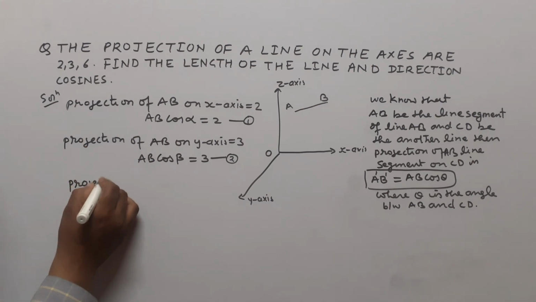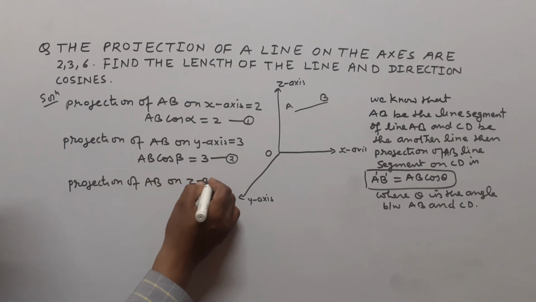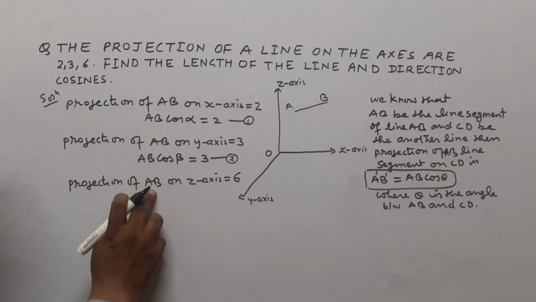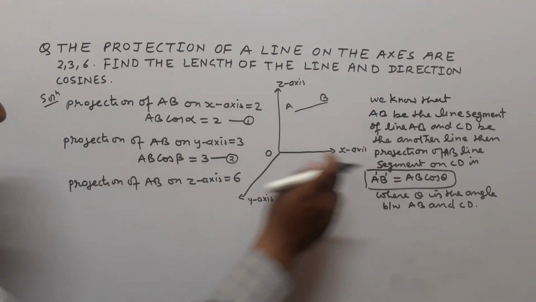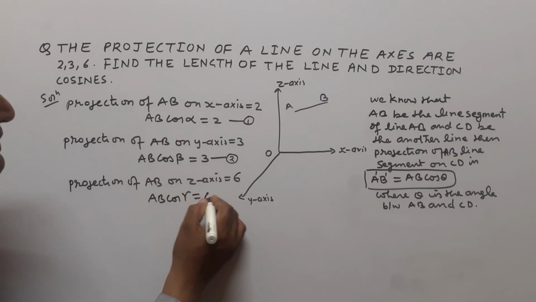Again, the projection of AB on the z axis is given as 6, and it can be written as AB cos gamma is equal to 6. This is given.